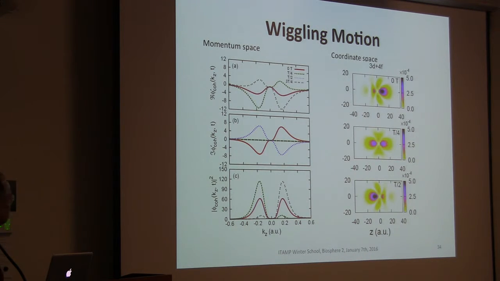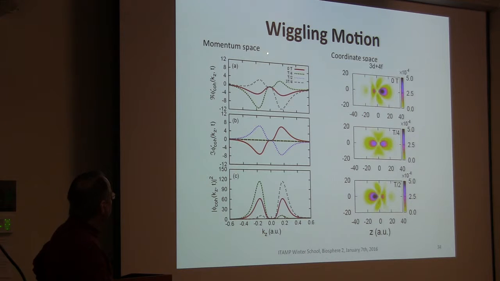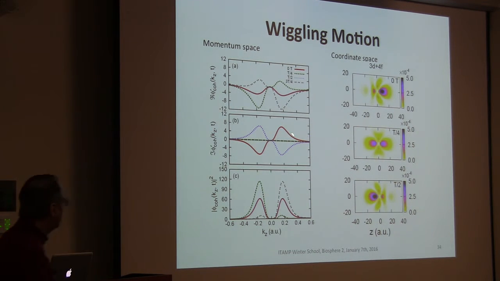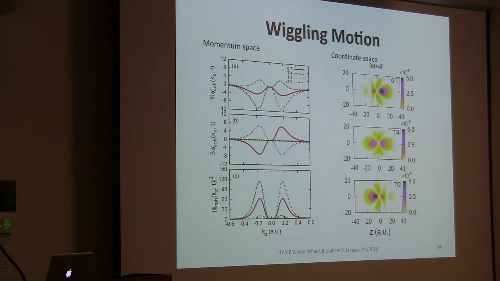And this shows you the wave function in momentum space. This is the real part, the imaginary part, because these are complex amplitudes. But if we take the coherent state and square it, you can see that at the time delay, say, of t over 4, this momentum is negative along the z-axis, with a very small positive component here.